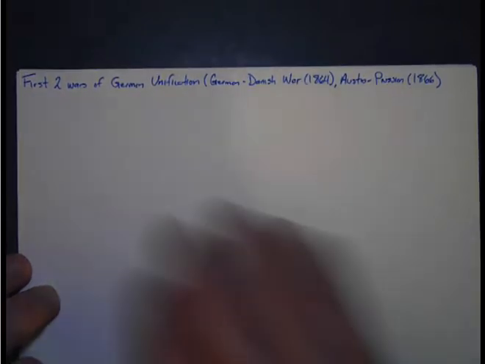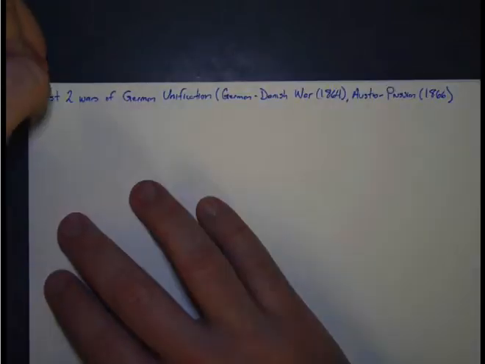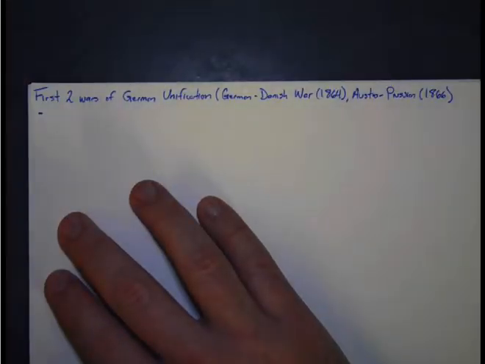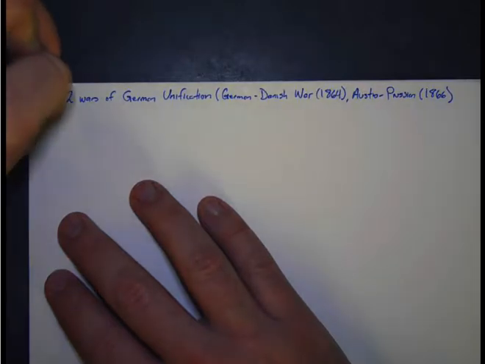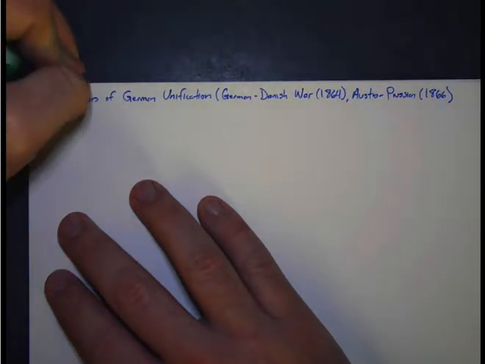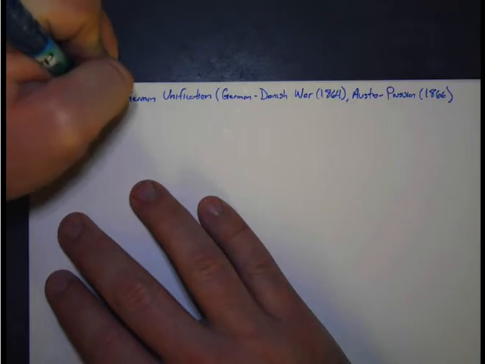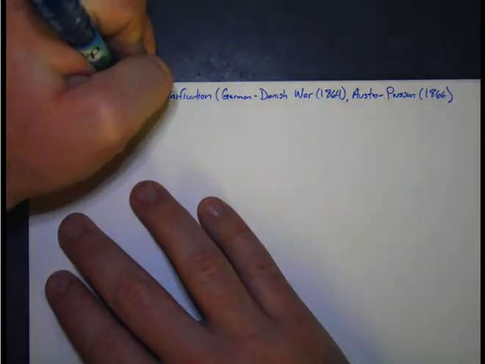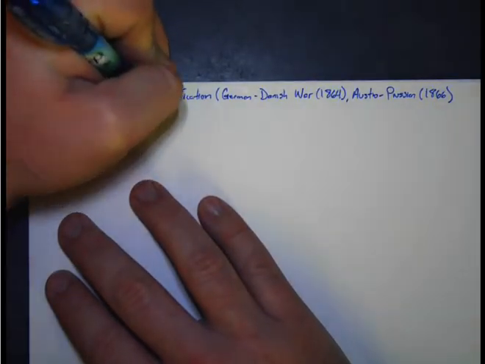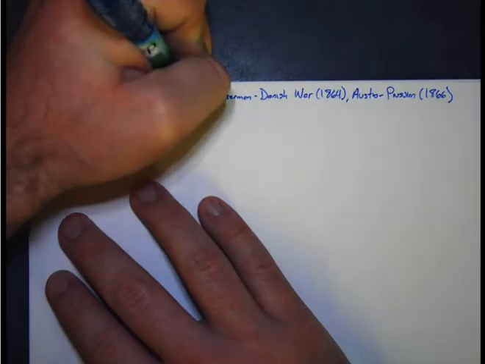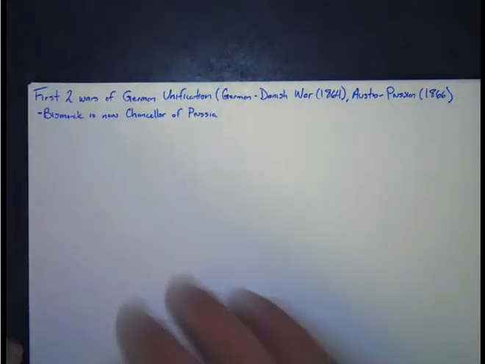So if you remember from our last video on German unification, Bismarck is now the Chancellor of Prussia. Essentially, he's the Prime Minister.